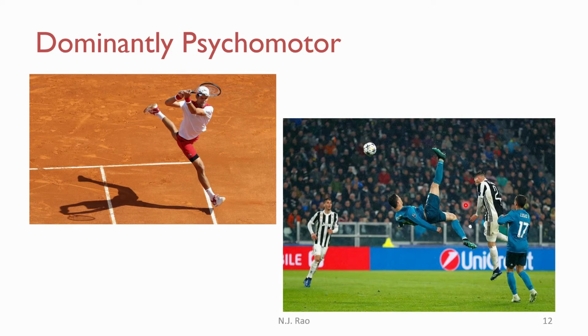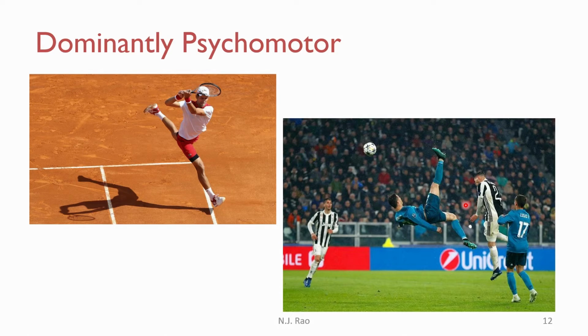And then this is dominantly psychomotor. Here you require extremely high-end skills, though you cannot say that there is no cognitive dimension to this. There is. Exactly what to do at what time is a cognitive decision, but the dominance is that to perform any of these activities you require extreme psychomotor skills.